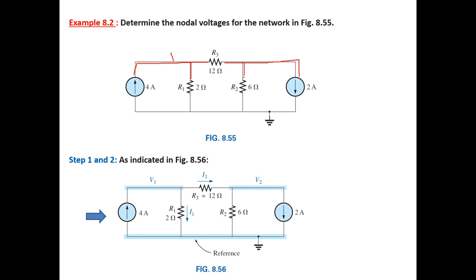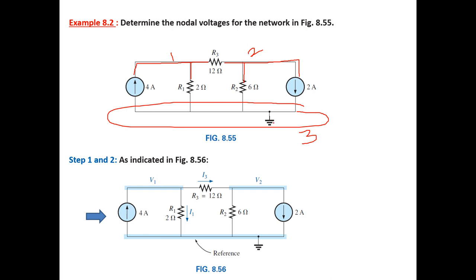Again, this is 2, and I have down here number 3, and we'll pick this one as our reference because we said it's better to take the bottom node, which is related to the ground, as a reference. And usually, guys, the reference node comes with the maximum number of connections. Like here, I have 1, 2, 3, 4 elements connected to this node.